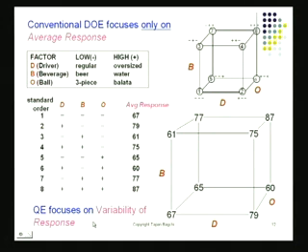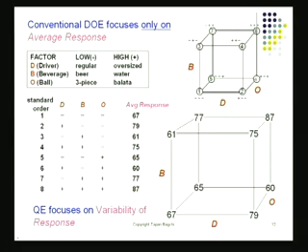So the conventional design of experiments runs try to focus on the average response and determine factor effects based on that. What quality engineering does is look at the variability of that response as the response. So the response here is not just the average score that I have when I play golf, but also the variability that I have at each of these settings.